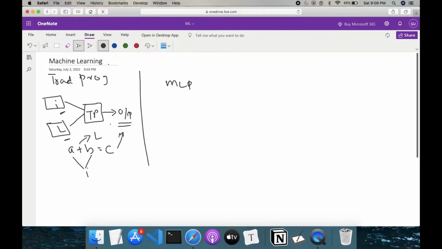Now in MLP, that is machine learning programming, we don't have one record. We have a bunch of records like this: I1, I2, and similarly it will go on up to In. Correspondingly, we'll have some output, output 1 to output n.